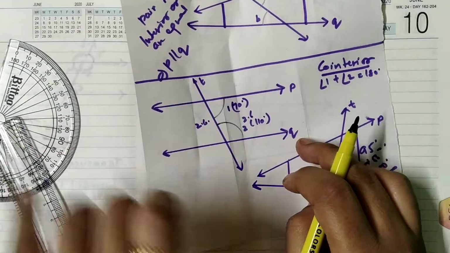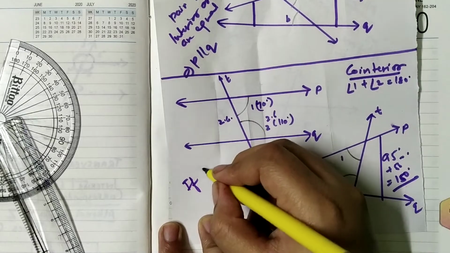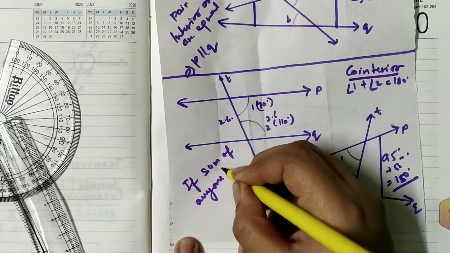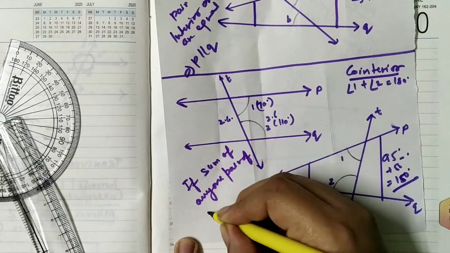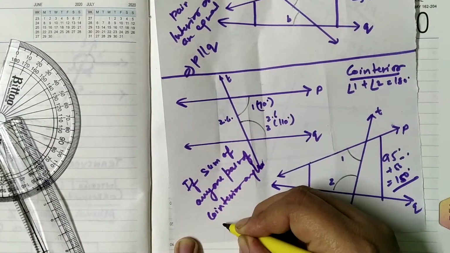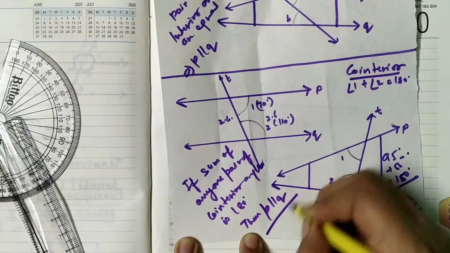So what we observe in this case, if the sum of any one pair of co-interior angles is 180 degrees, then the lines are parallel.